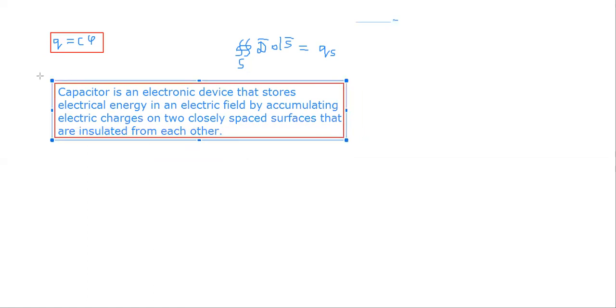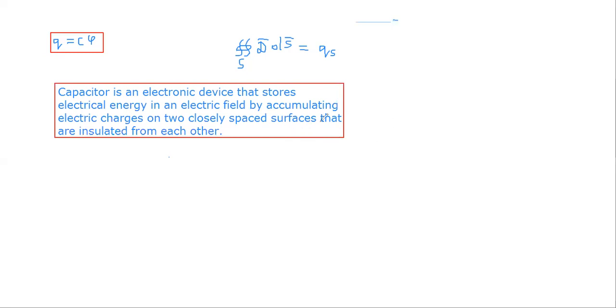And according to this definition, you can see that a capacitor consists of two conductors that have the form of surfaces, two conductive surfaces, and some dielectric or vacuum between them.